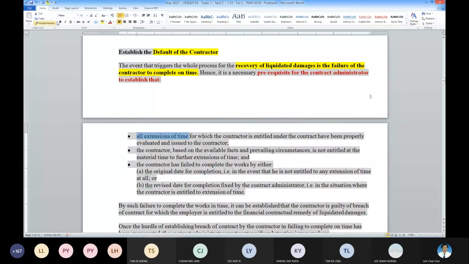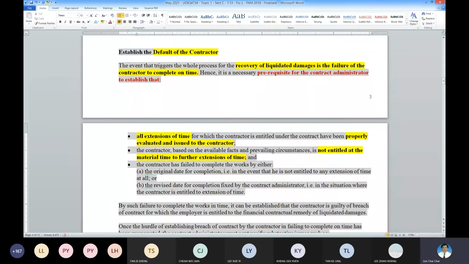If not, it would not be so proper. So all extensions of time must be properly evaluated and issued to the contractor. So this is point 1. That means once you have properly evaluated, the contractor won't be entitled to any further EOT. So that is the reason behind it.